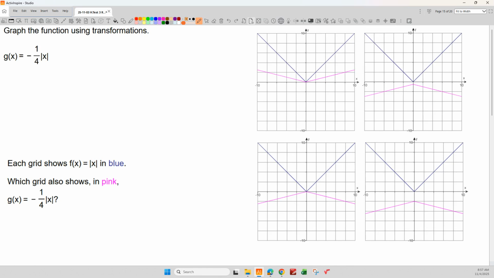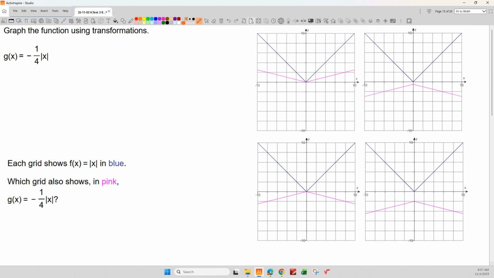Okay, what about this one? You can just look at this right away and tell which one has to be the answer. 1, 2, 3, or 4. Which one? It's got to be 3. It's got to be this guy, right? Because all we've done, we haven't... So the pink is the graph that we're looking for, the transformed graph.